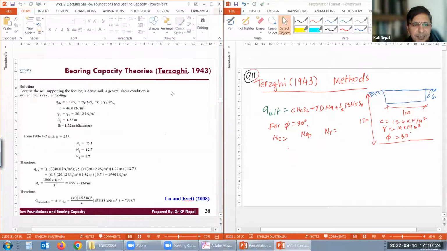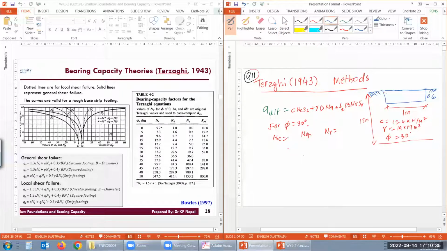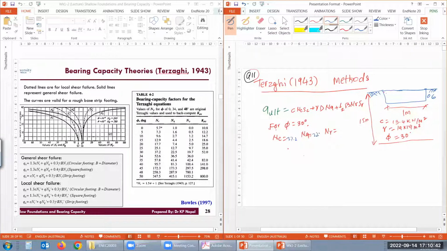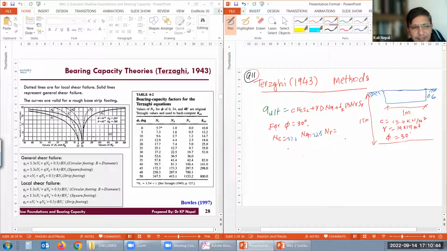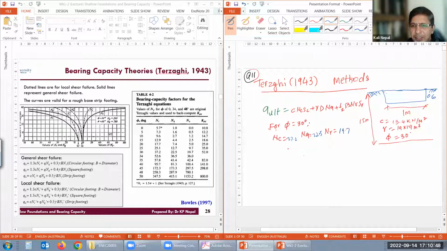Come on, how much is Nc? 37.2. And Nq? 22.5. And N gamma? 19.7. But you write here as table 4.2, with the reference also. It is all good now.